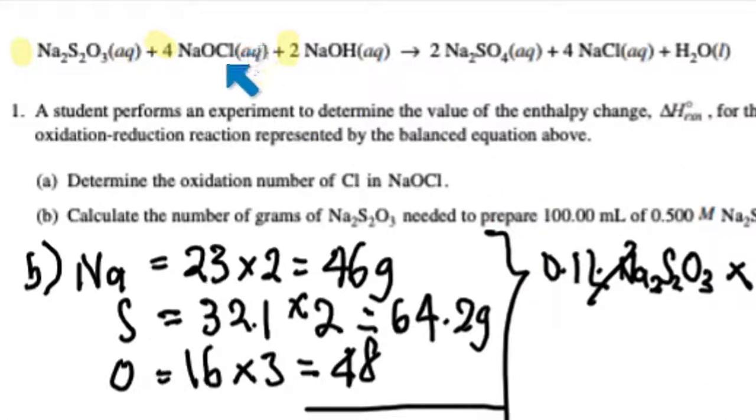Therefore, we could easily see that the NaOCl is going to be the limiting reactant because you require more of it for each mole reaction.